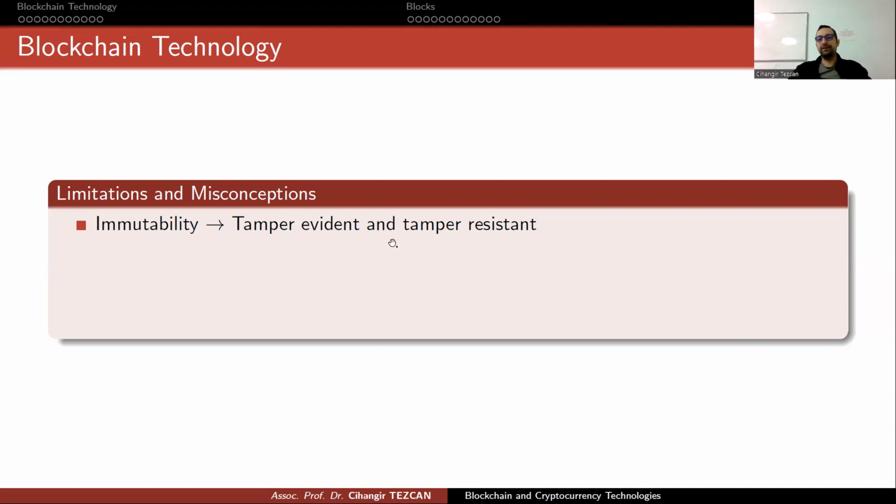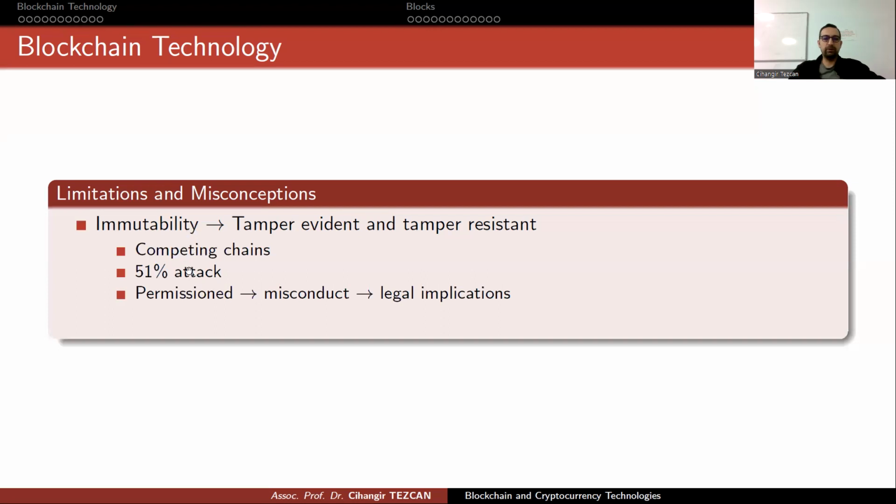Actually, it is tamper evident and tamper resistant, because as we have shown in the examples, if everybody agrees, we can go back and modify something. Ethereum Classic hard fork is an example of this. And for example, competing chains change this immutability. 51% attack also breaks this immutability.